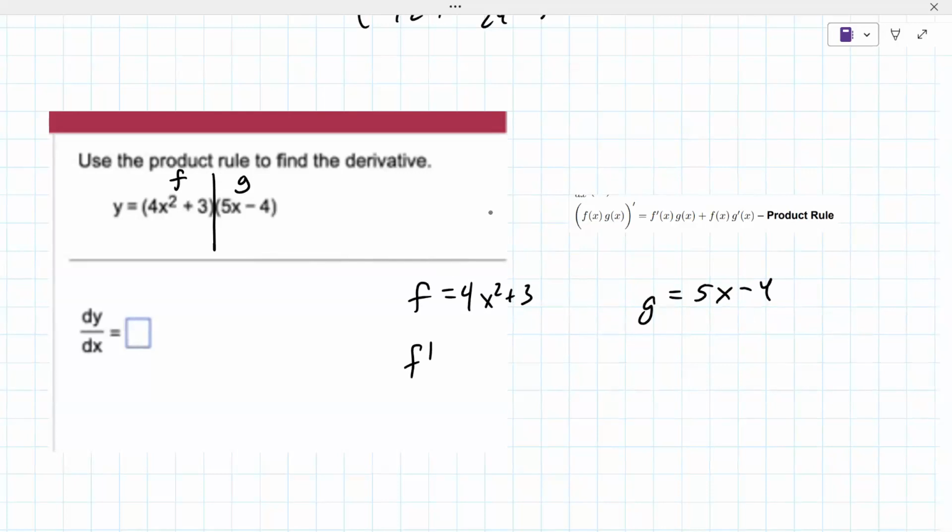Will you attempt to find the derivative of each of these based on what we've been doing? Yes.